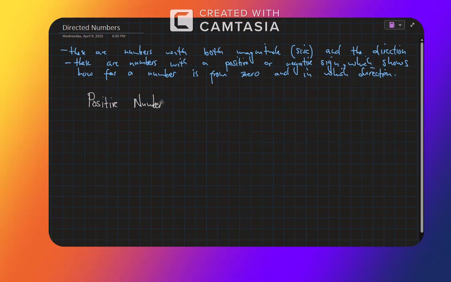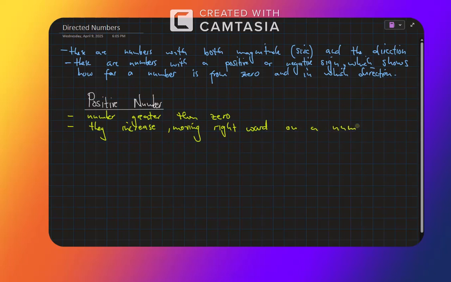A positive number is any number which is greater than 0, and the values increase, moving rightward on a number line, right?